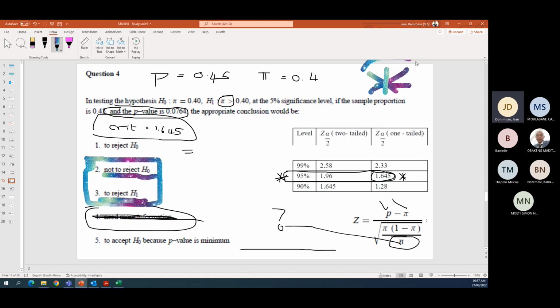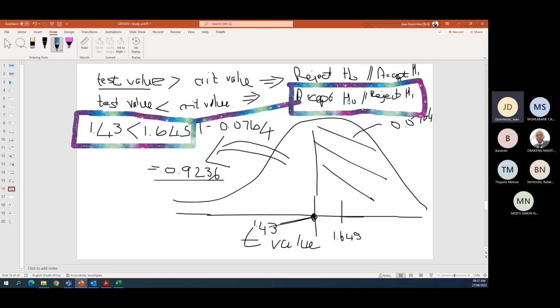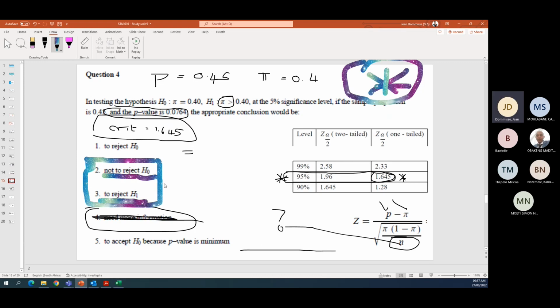So if we look at this, it is clear that there's a mistake, and that's why I hate these questions, because now you can see with their own English that they used, there's a mistake, because that is exactly the same. Not to reject means that you accept it. To reject is you reject it.